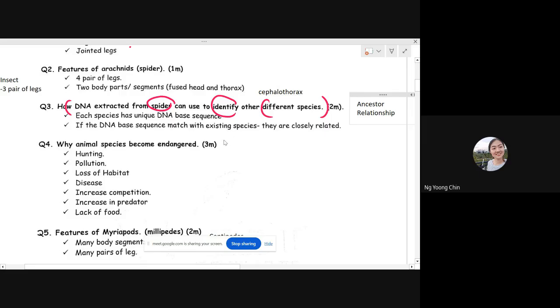Remember, the DNA base sequence determines the amino acid sequence. The amino acid sequence determines the protein structure, and the protein structure determines the function of the protein.